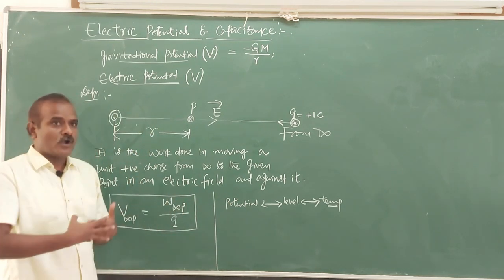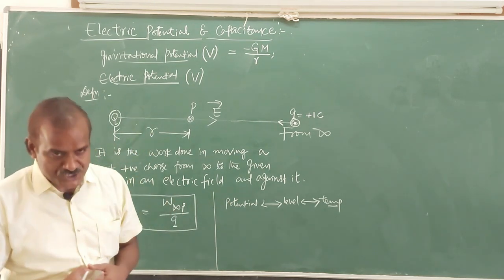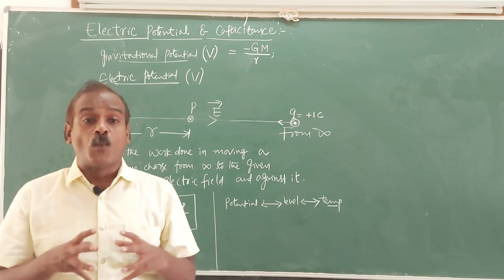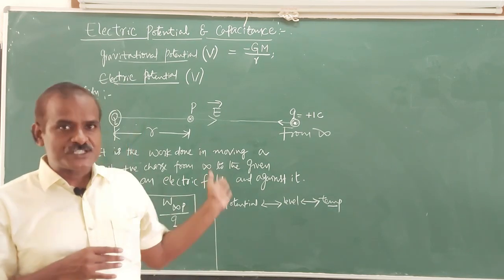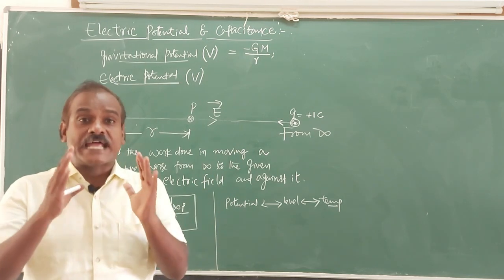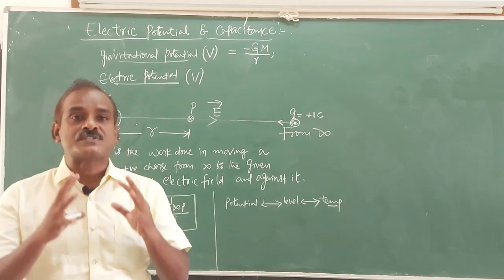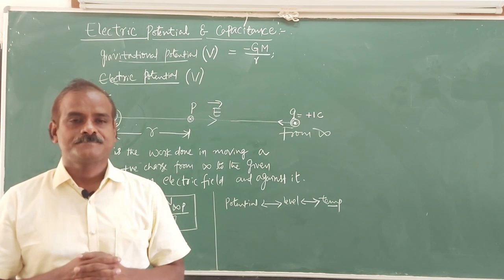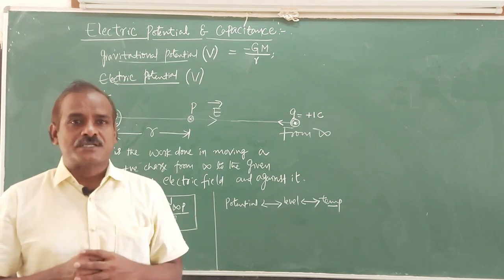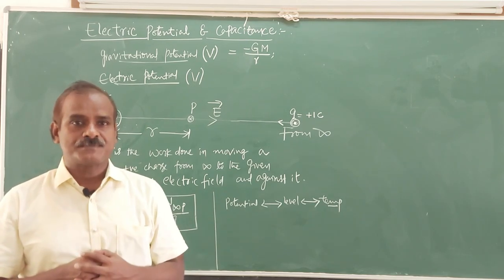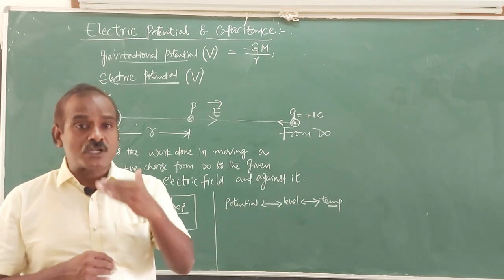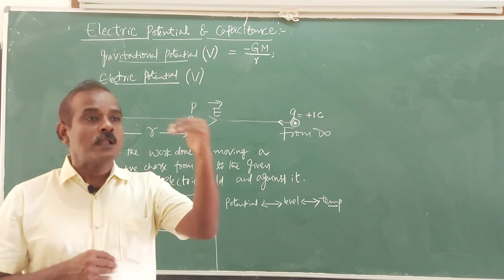Why are we defining potential? Because in the subsequent chapters we are going to discuss the motion of charges. In this chapter and the previous chapter, we are discussing only static charges, that is, charges at rest. In the upcoming chapters we will discuss the movement of charges, and always remember, charges move from one potential to another.